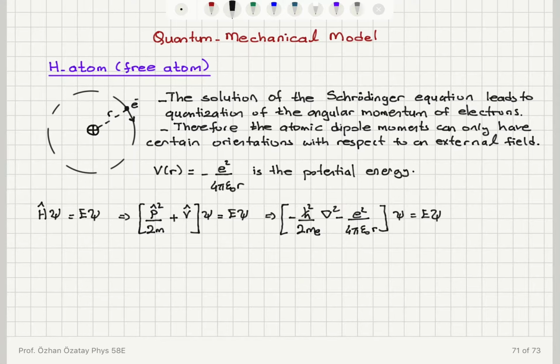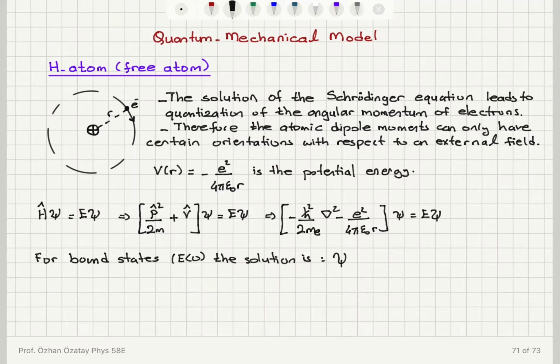So what are the solutions to Schrodinger's equation? If you look at bound state solutions, by bound states we mean the energy is less than 0, the solution has the following form.